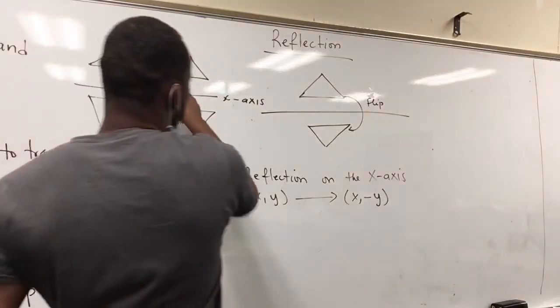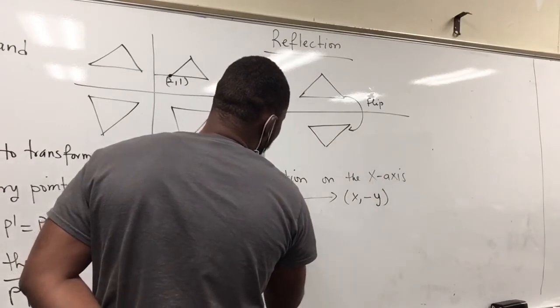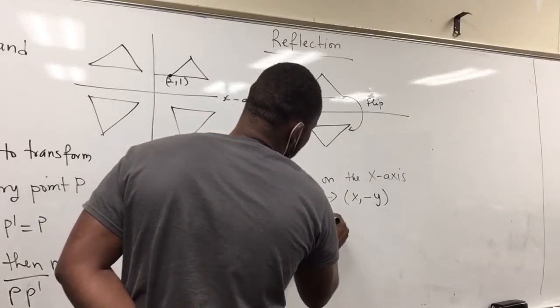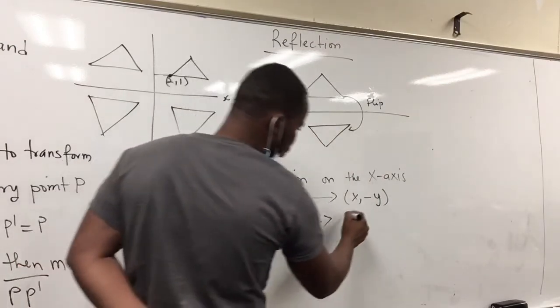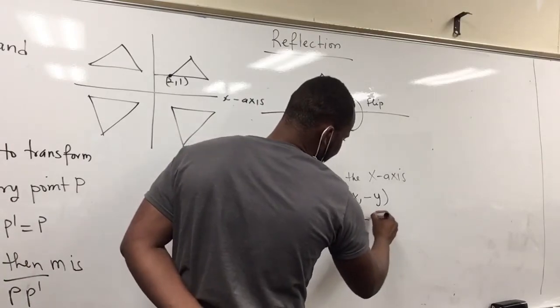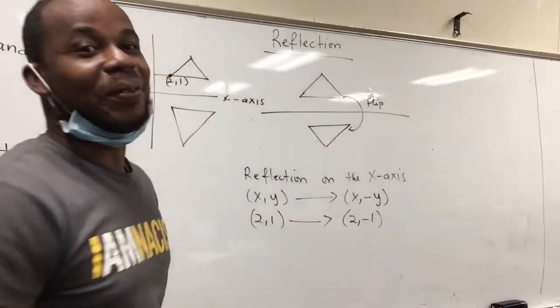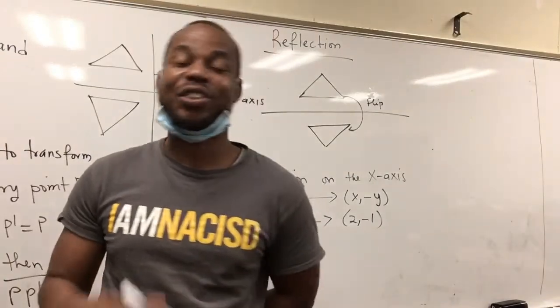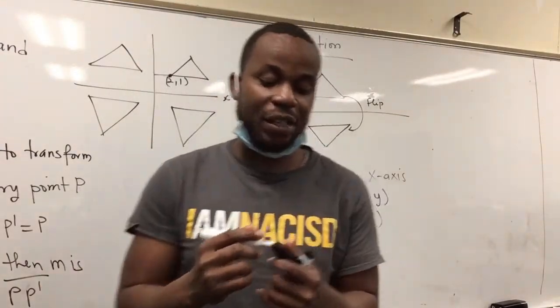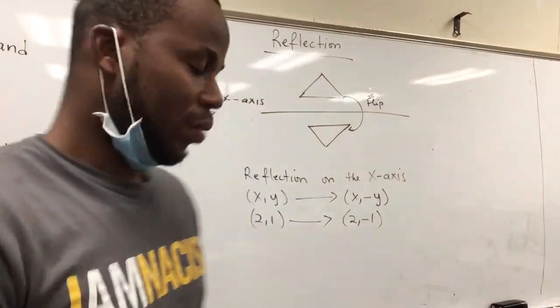For example, the point (2, 1) will now become (2, -1). This looks simple, right? Reflection on the x-axis: just change the sign on the y.